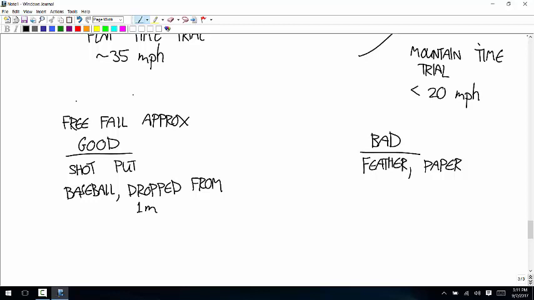And then just to make one last point, you get good results predicting what a baseball is going to do if you drop it from a meter in the air, but you get bad predictions if you're trying to predict what a baseball would do after it gets hit, like on a home run, a ball that's hit really hard.